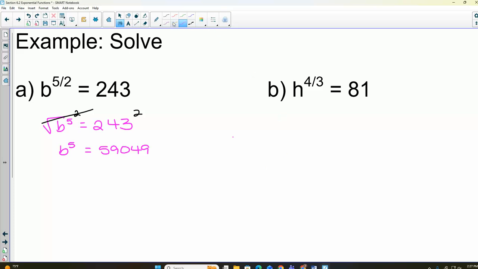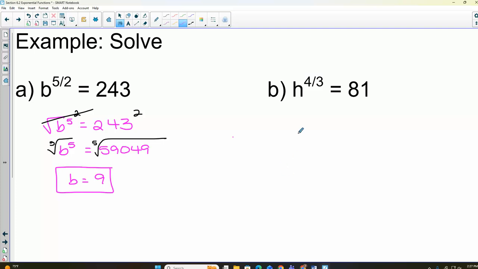How do I get rid of a 5th power? Fifth root. What is the 5th root of 243? And you could check it. If you type in 9 to the 5 halves power, does it give you 243? Hopefully, we did our math right.